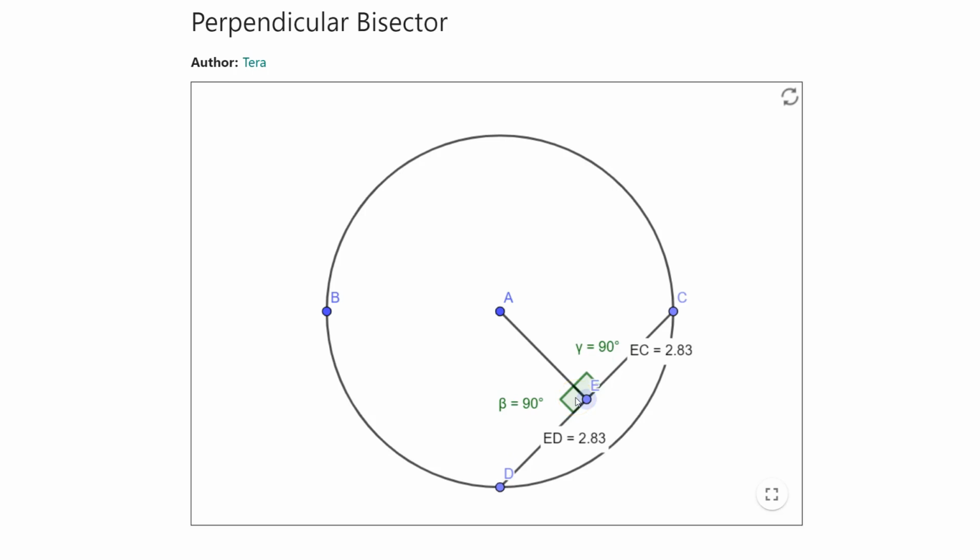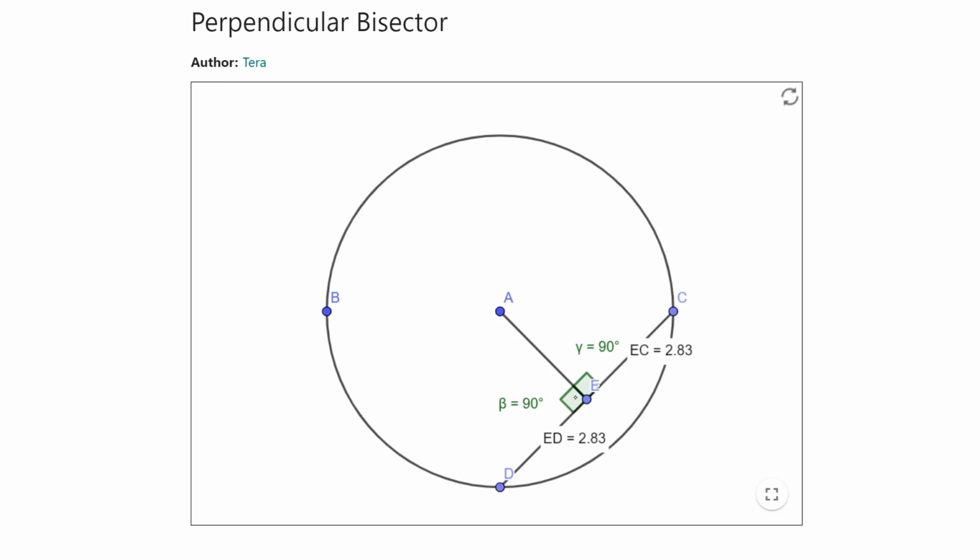Well, it becomes perpendicular. So CD is perpendicular to AE. Another thing that's pretty cool is that both of these sides, DE and EC, are exactly the same. They're both 2.3. And another important feature is that EA goes through the center of the circle.